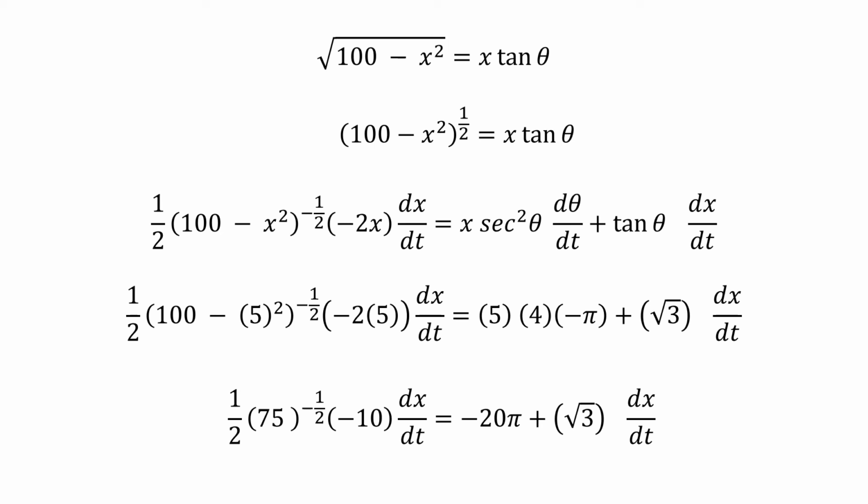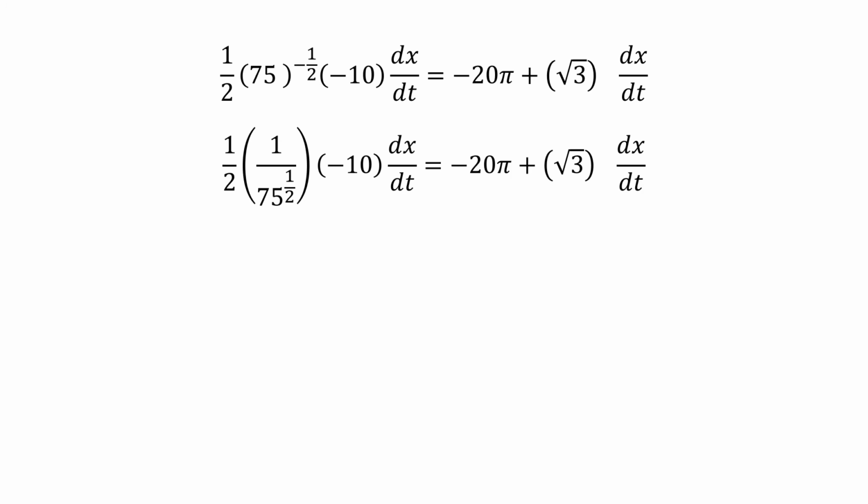So now we are going to simplify further. Notice that the exponent for 75 is negative half. I will convert that into a positive exponent, so I will rewrite that as 1 over 75 to an exponent of positive half. All right, so here it is. Now I'm going to simplify further. I'm going to change exponent half into a radical, so I will have a square root of 75.